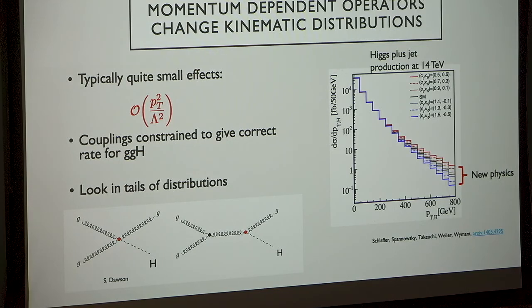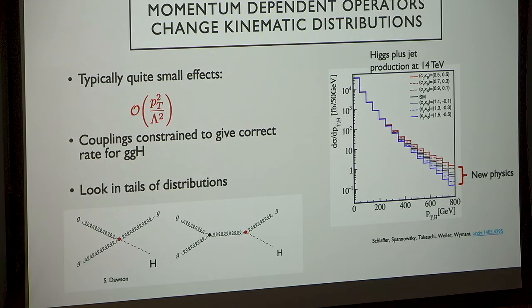So now I'm looking at the same 2 terms in my effective Lagrangian, modification of the top quark Yukawa and modification of the glue H coupling. And I can look at glue goes to glue H, so this is Higgs plus jet production, which is measured excruciatingly well at the LHC. And now the SMEFT will give me operators which depend on pt squared over lambda squared. So if I plot the pt of the Higgs and go out to high pt, what this plot does is it turns on these 2 different coefficients.